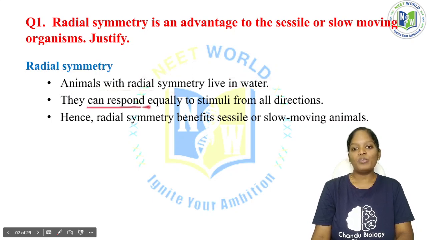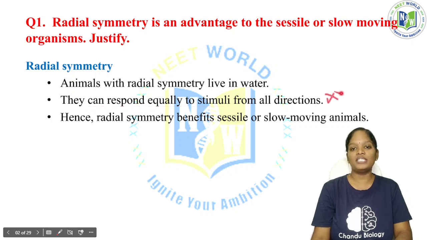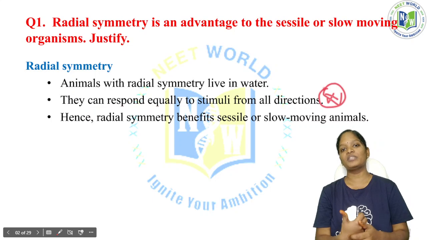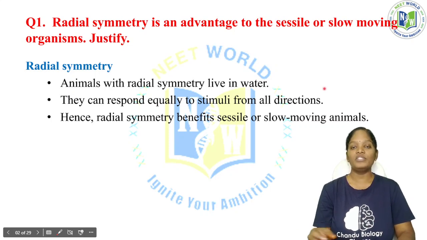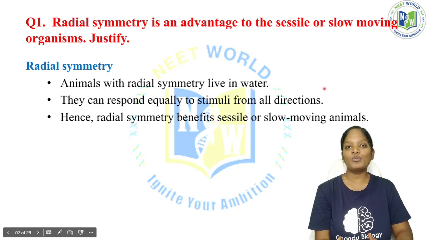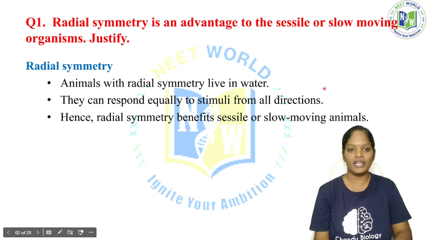So they can respond equally to stimuli from all directions. This is important. Those organisms present in the water can receive stimuli equally from all directions, which means they can respond equally to all stimuli coming from all the directions.